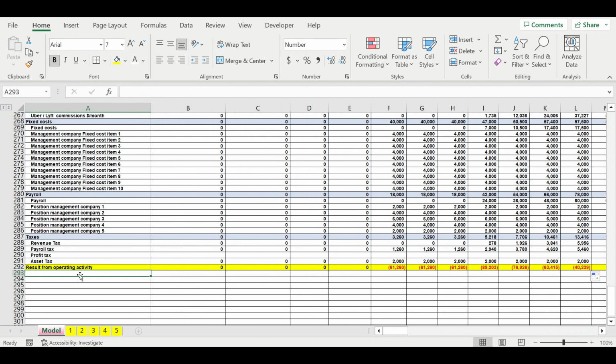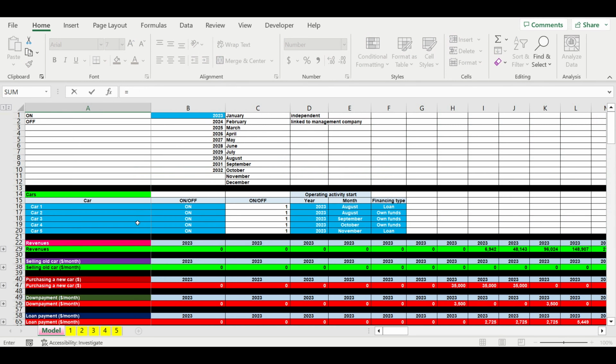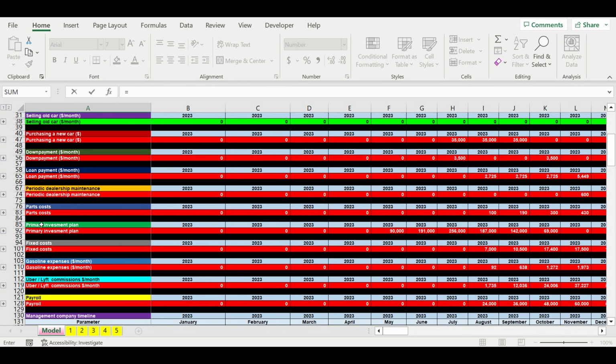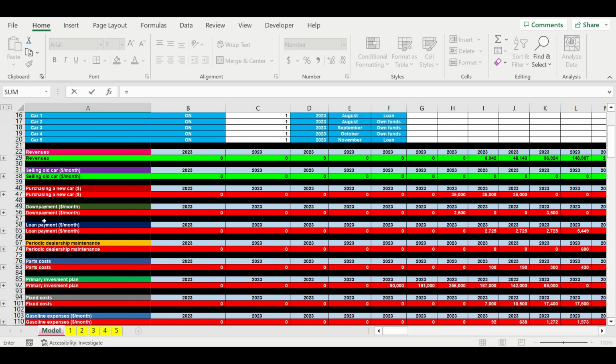So investment. So investment will consist of several components. The first component is primary. So first of all is down payment, loan payment, purchasing a new car.